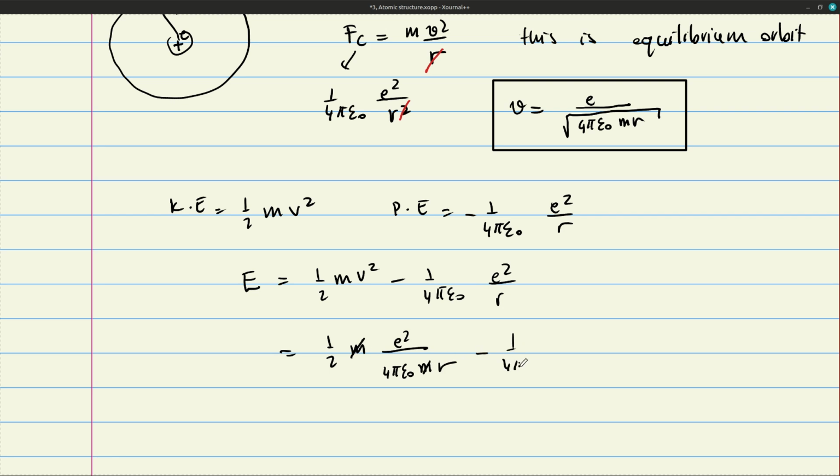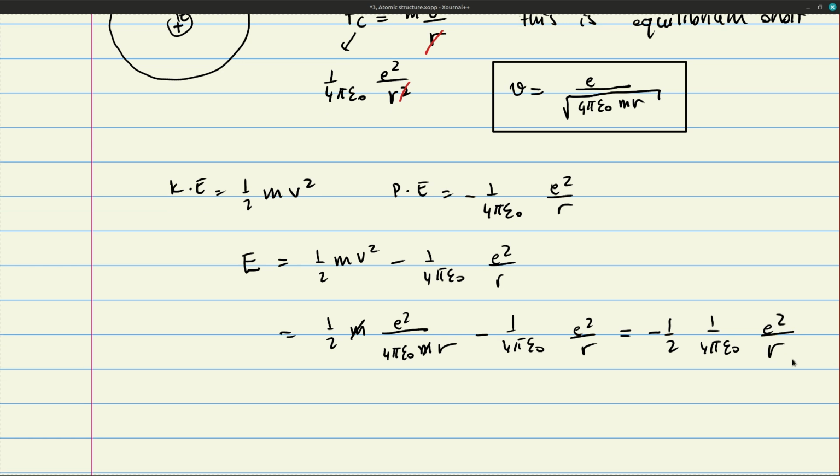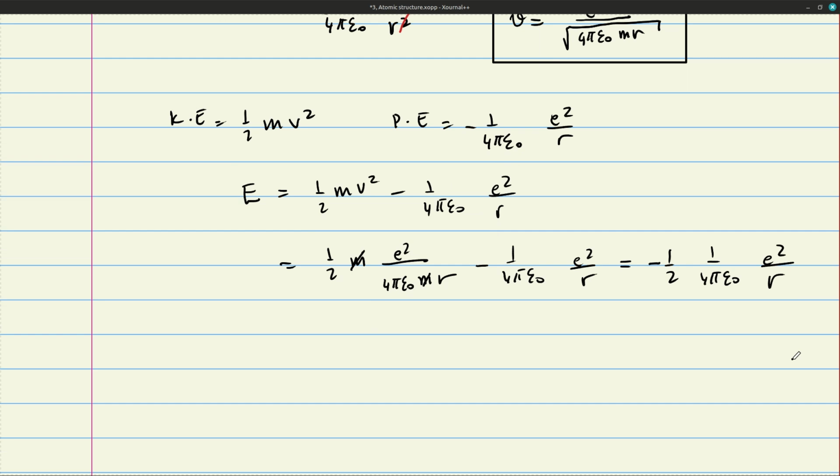This is 1 over 4 pi epsilon naught e squared over R. So 1/2 minus 1 is going to be minus 1/2, times 1 over 4 pi epsilon naught e squared over R. Basically, total energy is half of the Coulomb energy in an equilibrium orbit, which is a handy thing to remember if you want to do quick calculations.